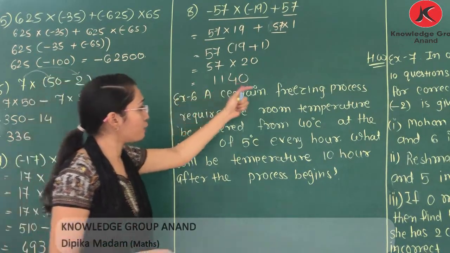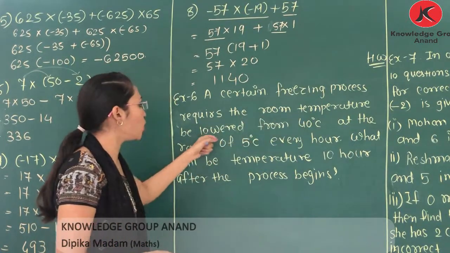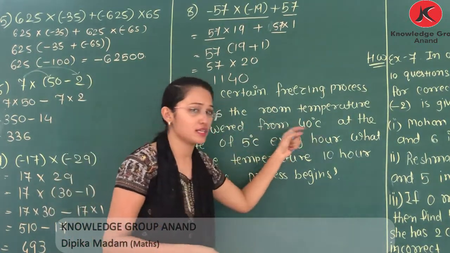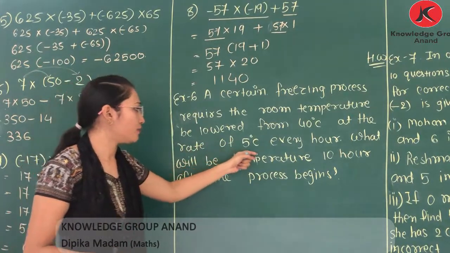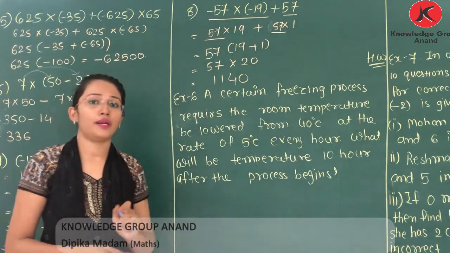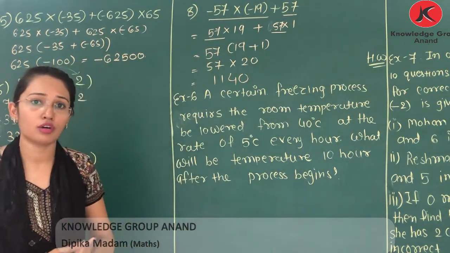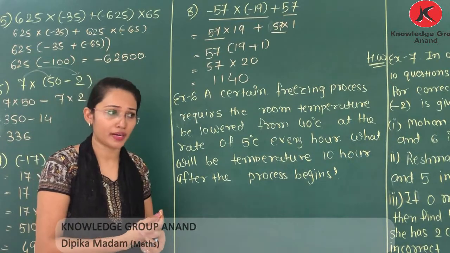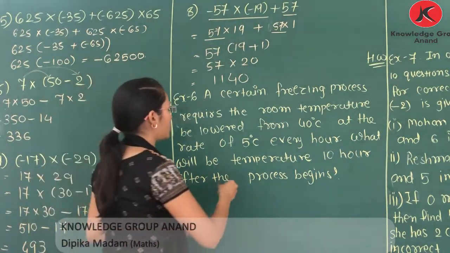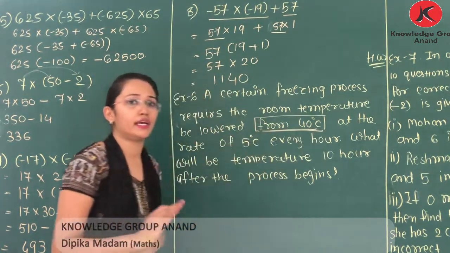Okay, example 6. A certain freezing process requires the room temperature to be lowered from 40 degrees Celsius at the rate of 5 degrees Celsius every hour. The statement says that the room temperature is now 40 degrees Celsius, but every hour it decreases. Understood? Now the room temperature is 40 degrees.